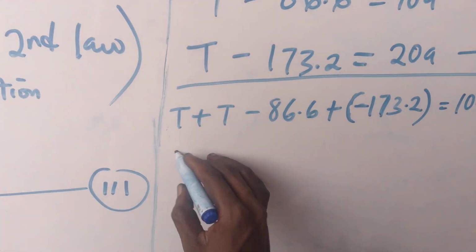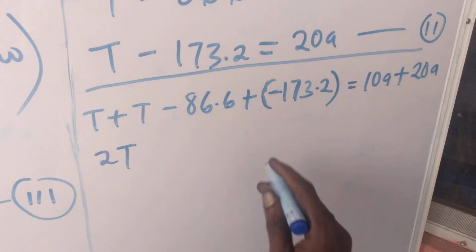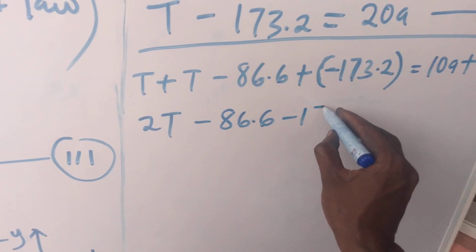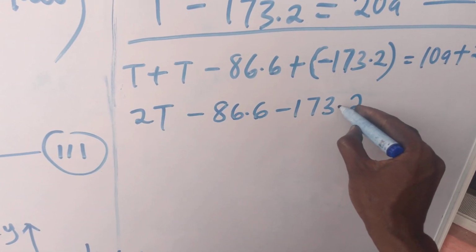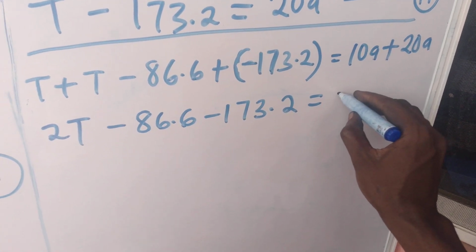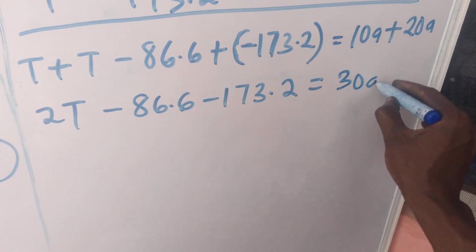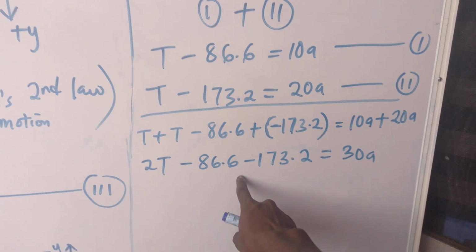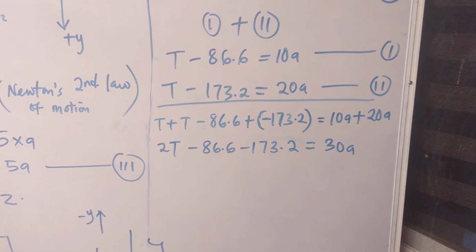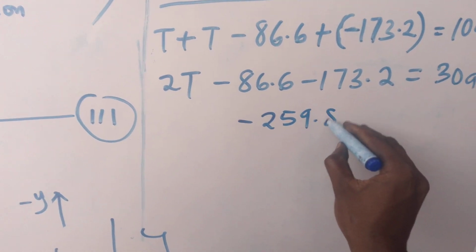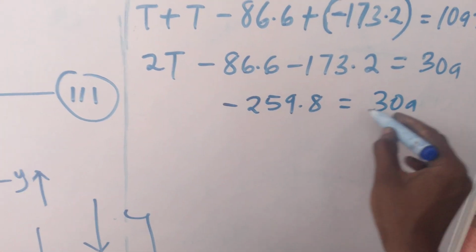So T plus T is 2T. Plus times minus is minus, that is minus 86.6 minus 173.2 equals 10a plus 20a, which is 30a. Minus 86.6 minus 173.2 gives minus 259.8 equals 30a.